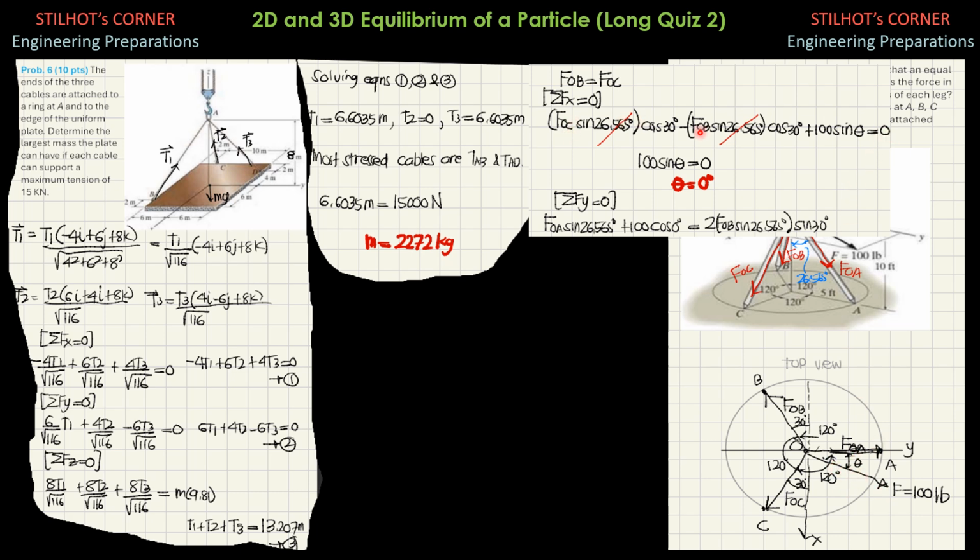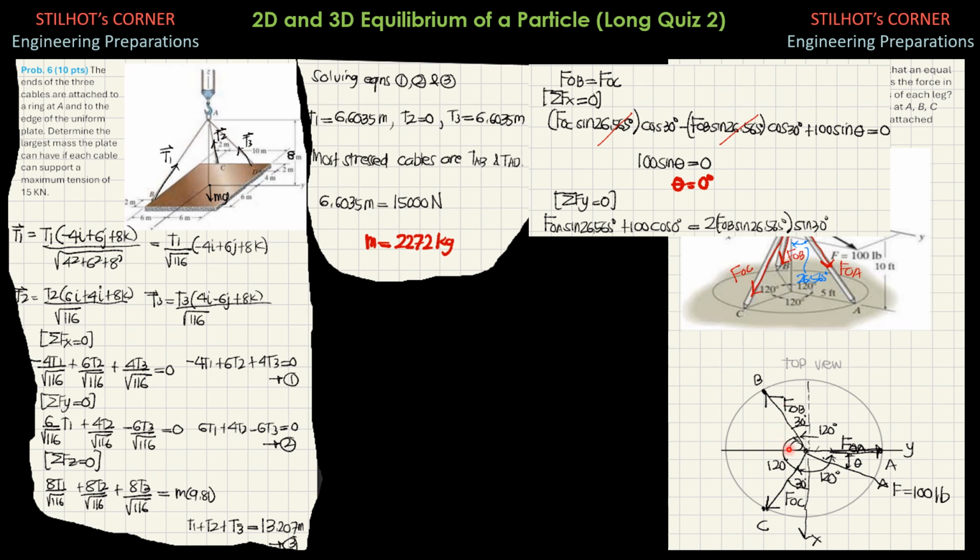Since FOC and FOB are equal values, we can cancel those, leaving 100 sine theta equals 0. So sine theta is 0 over 100, which is 0. So theta is arc sine of 0, which is 0 degrees. So that's the value of theta for the first part.